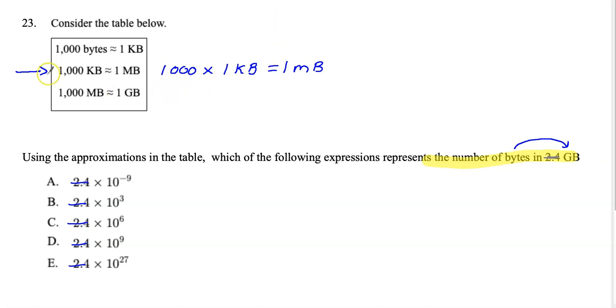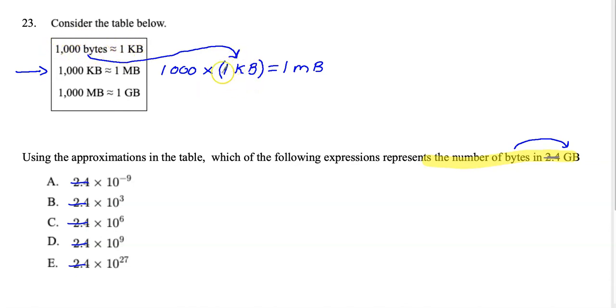So what I'm going to do now, I'm going to look up here, and it says 1 kilobyte equals about 1,000 bytes. So I'm going to replace this 1 kilobyte here, right here. I'll put parentheses around it just to make it easier to see. I'll replace it with 1,000 bytes right here. Again, I can do that because it says 1 kilobyte equals 1,000 bytes.